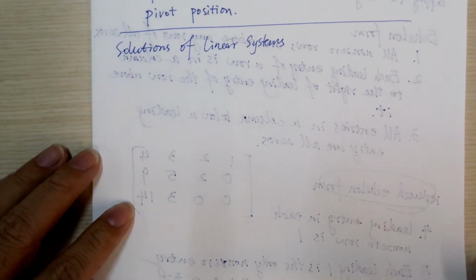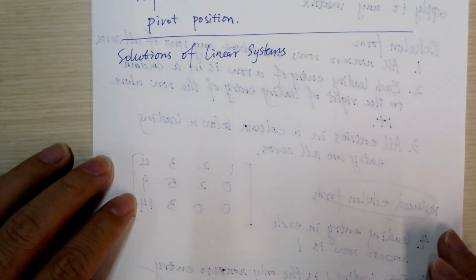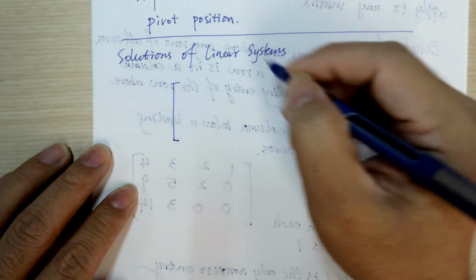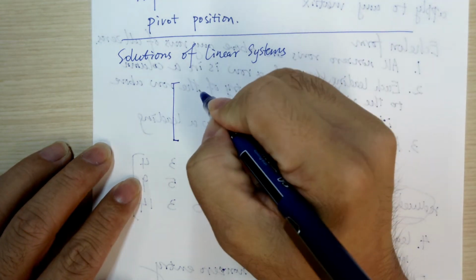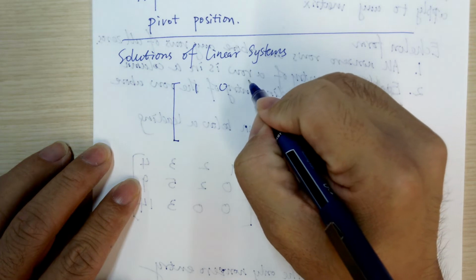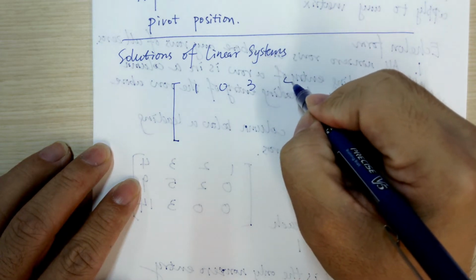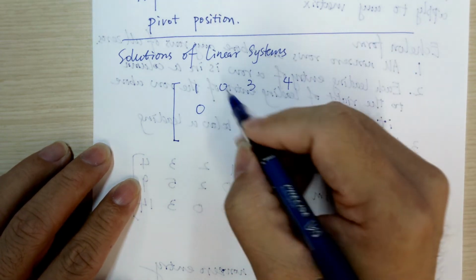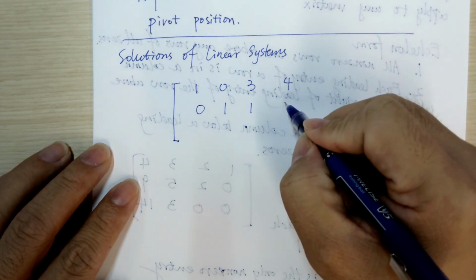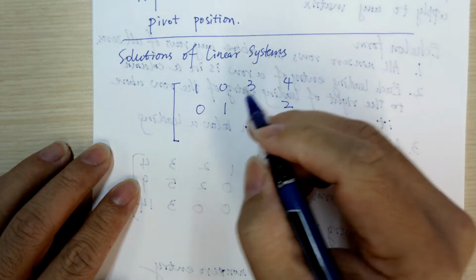So for example, if we have one reduced echelon form like this: 1, 0, 3, 4, okay? 0, 1, 1, 2, okay?